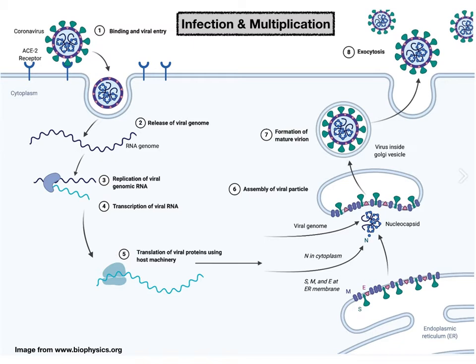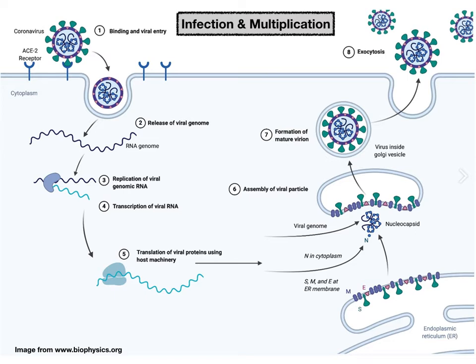This mature virion tries to go out of the membrane, which is called exocytosis, because it comes out of the cytoplasm. It comes out as a mature, very active virus once again to infect millions more cells. Here we are just showing one cell going to three cells, but indeed it's millions of things happening at the same time.